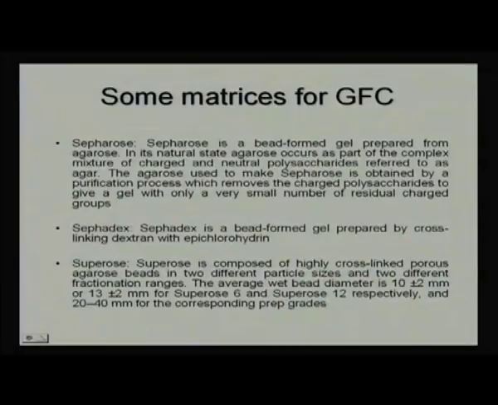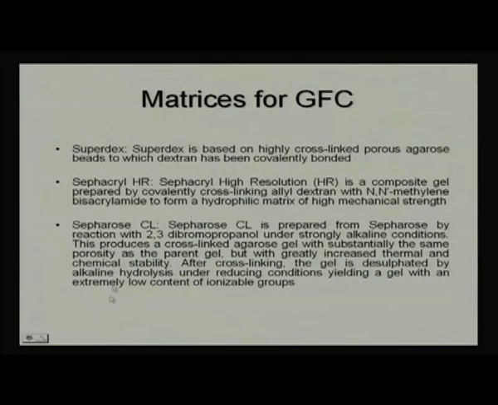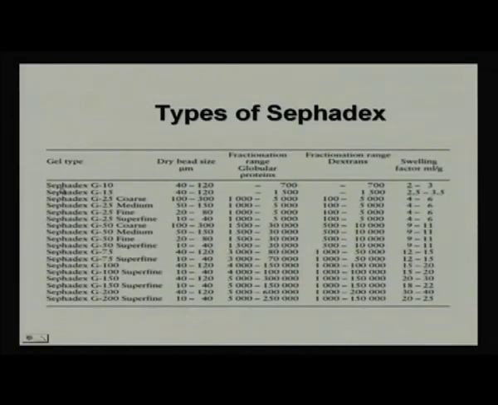In this way we can go for others like Superdex, Sephacryl, Sepharose CL. These are some of the matrices which are either cross-linked with dextran or cross-linked with agarose. These are some of the commercial beads available in today's market.